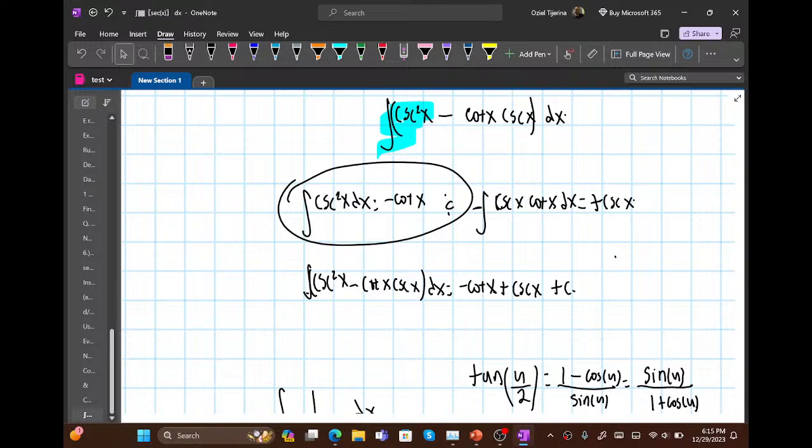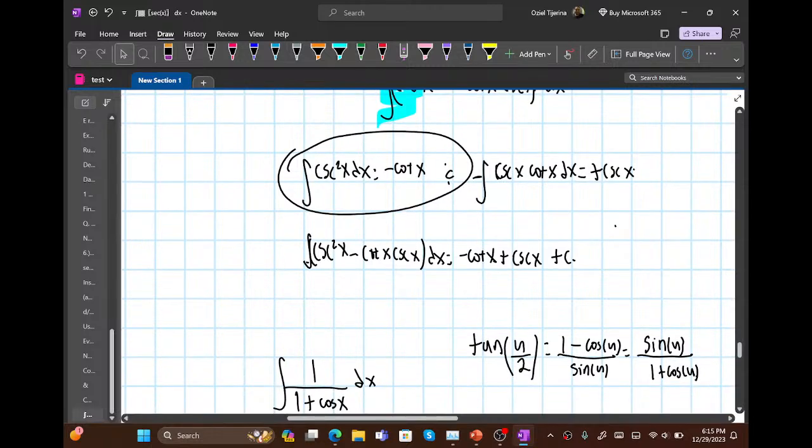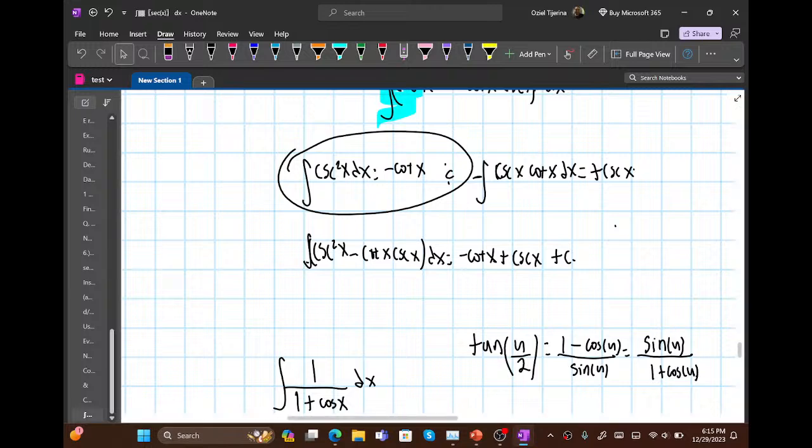Yeah, that's the same thing. That's the exact same thing. Negative a plus b equals b minus a. That's the same thing.